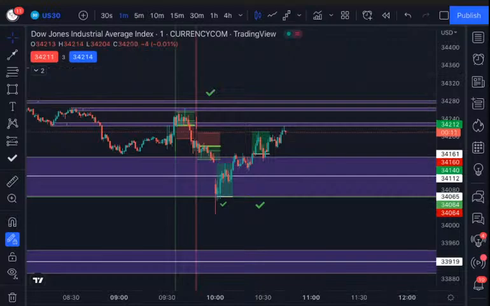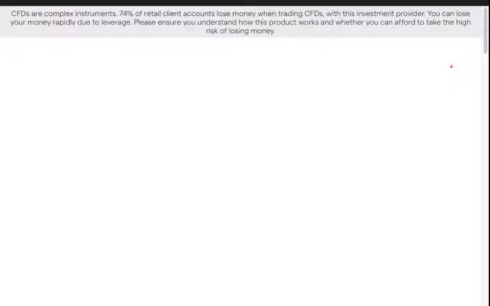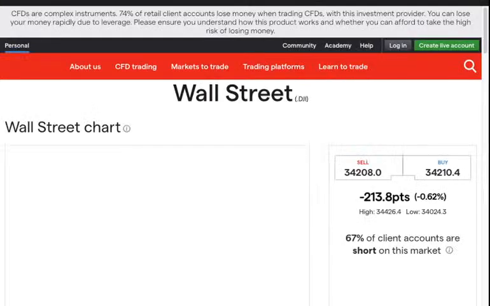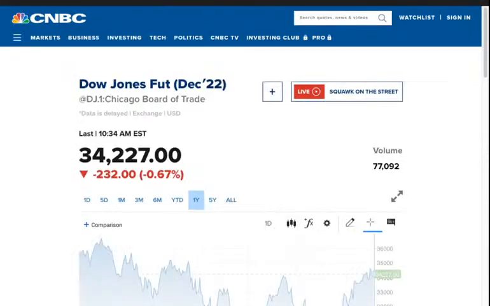What is the market looking like right now? 68% short. 67% short. It's over 200 points in the red.